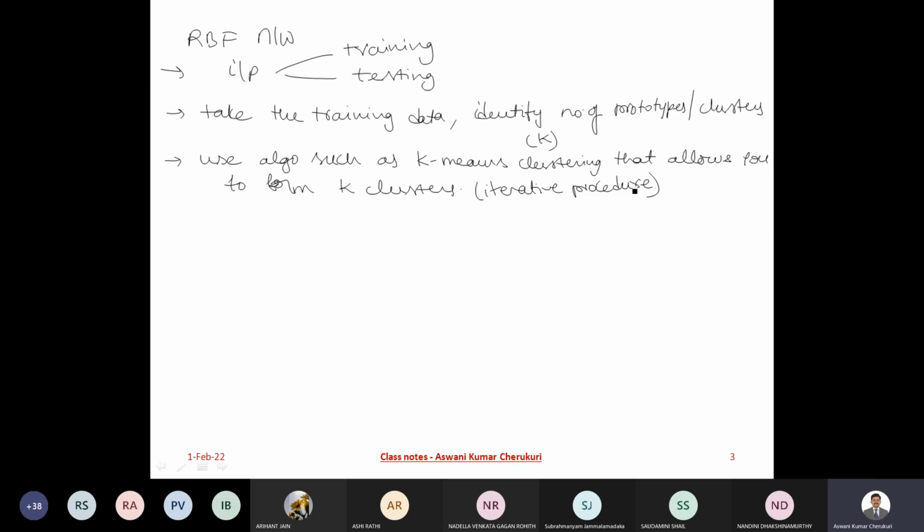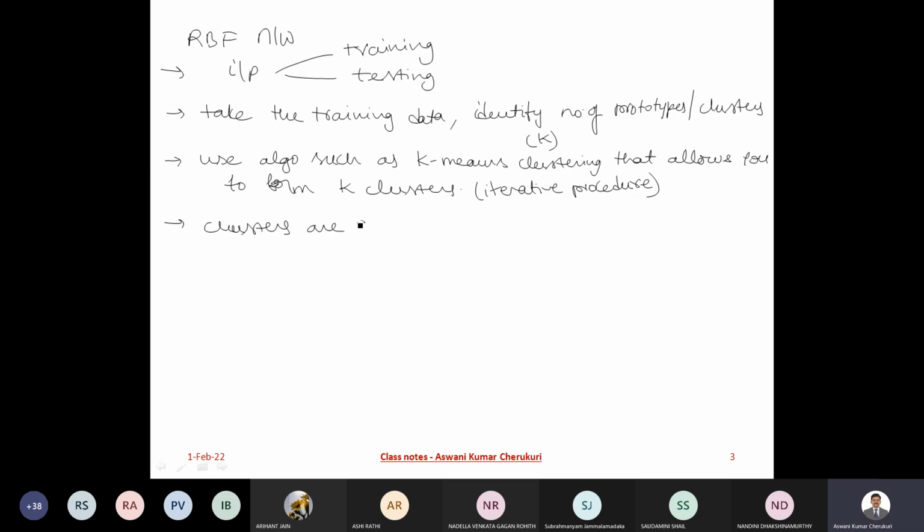For settling down the center, it uses a distance measurement metric called Euclidean distance or some other distance metric. That is how K-means clustering forms K clusters, where each cluster also has the centroid or the center point of that particular cluster. Once that is done, we have these cluster centers and clusters.